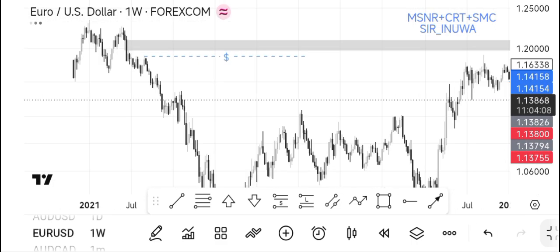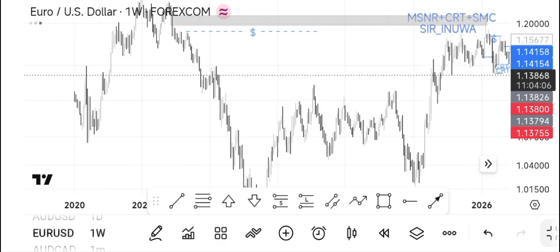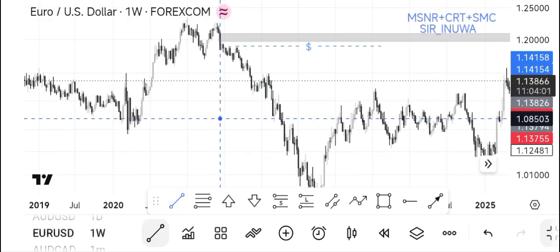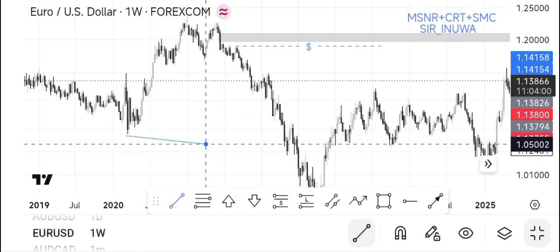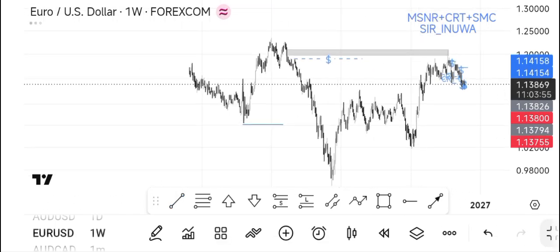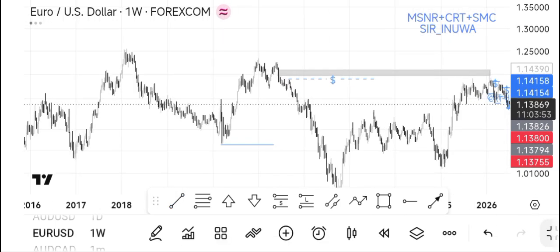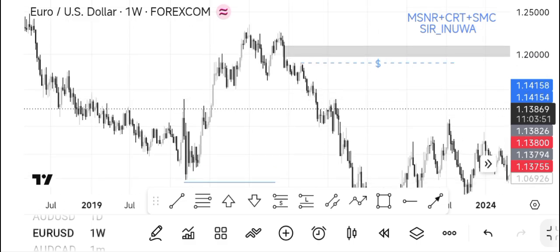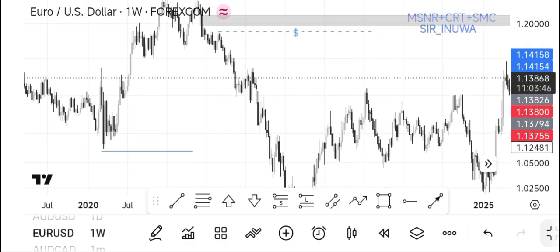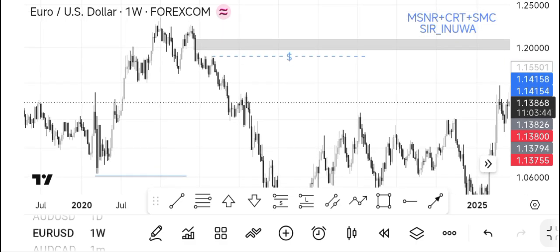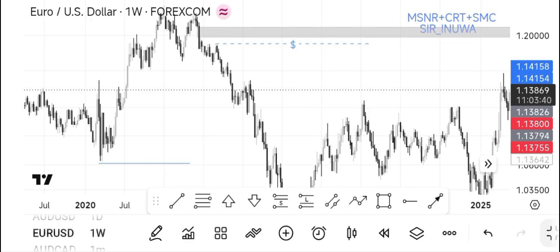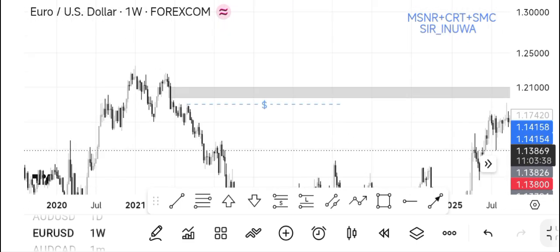So as you are seeing, this is my recent break. So what am I looking at? An order block that causes the market to move. So here it is.